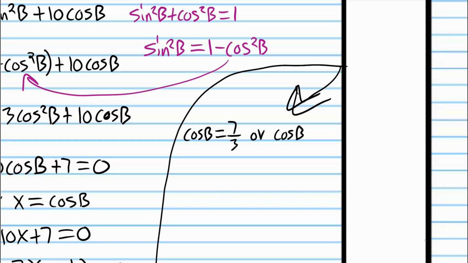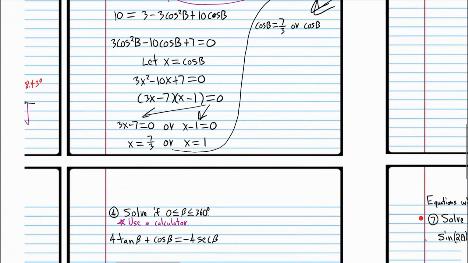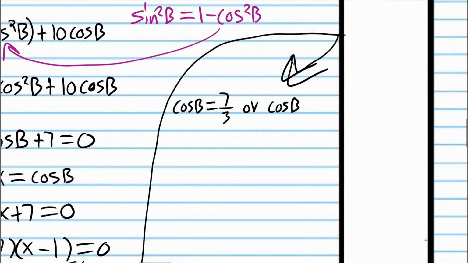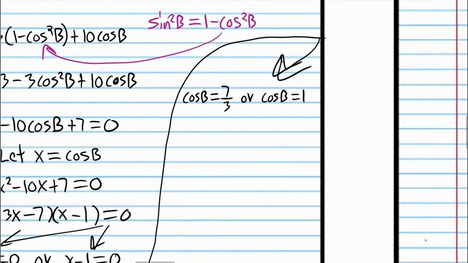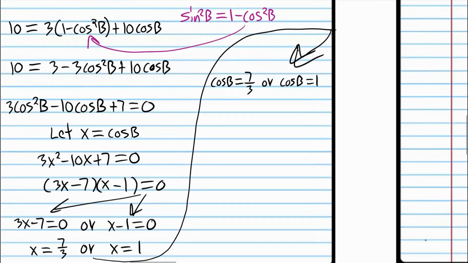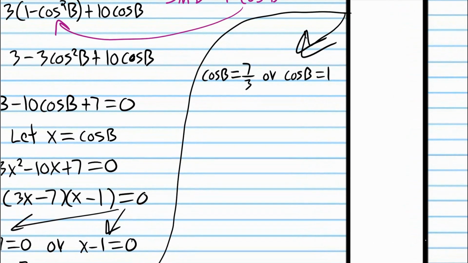And x is equal to 1, which means that cosine b is equal to 1. Now we have good news here. The good news is that's not possible. It's not possible for cosine b to be 7/3 because 7/3 is bigger than 1.